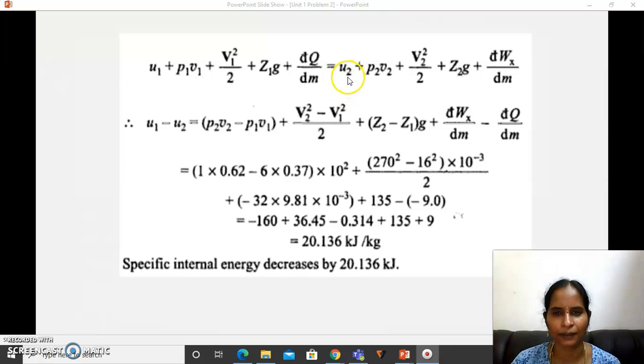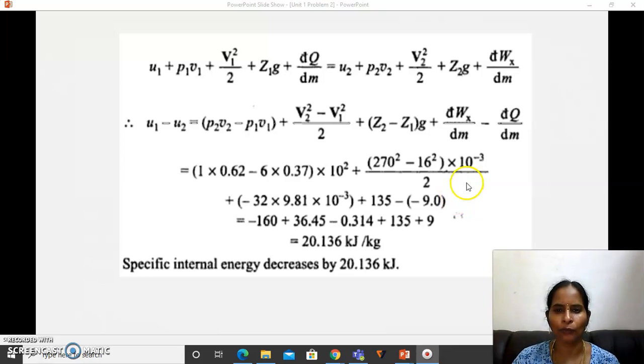From the question, you come to know that you have to find the difference in internal energy. So you keep that in the left hand side, and bring all the other known data to the right hand side. Then you can substitute all the values.